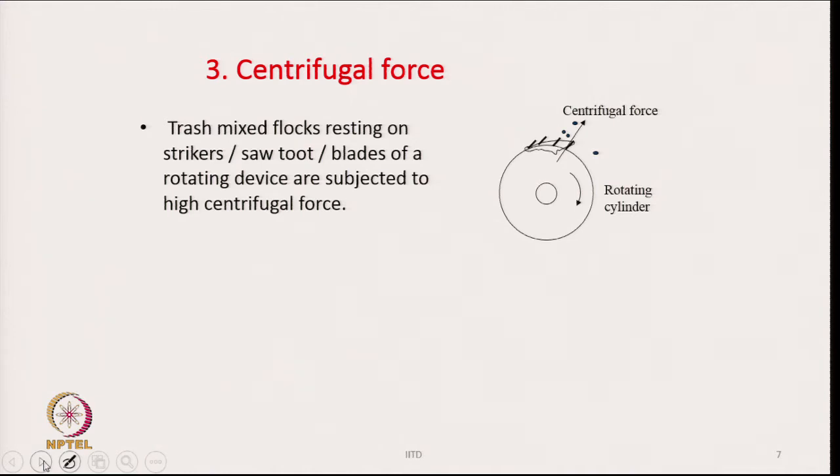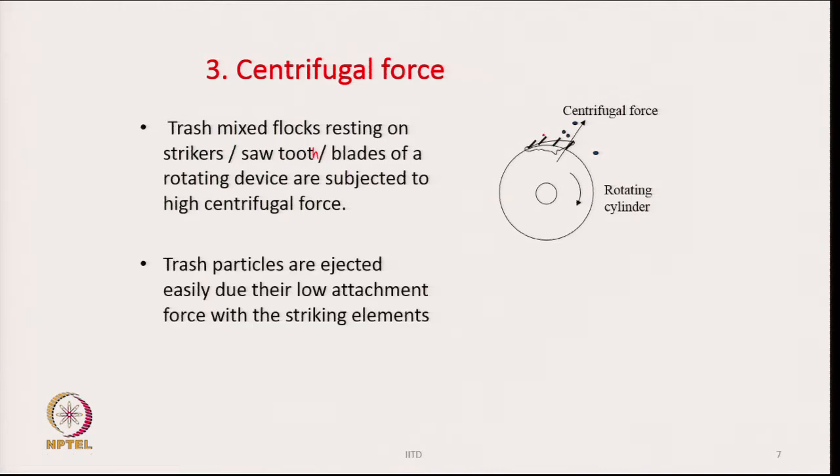Now, look at this one, which is a rotating cylinder or a drum, whatever you call it, and on the surface we have some spikes, could be some striking elements, it could be saw teeth, whatever it is. So, the trash-mixed flocks resting on the strikers or saw teeth or blades of a rotating device are subjected to very high centrifugal force.